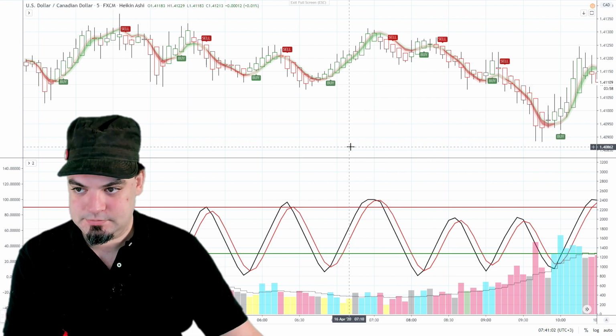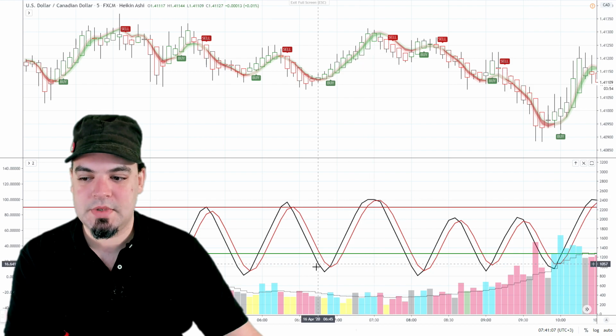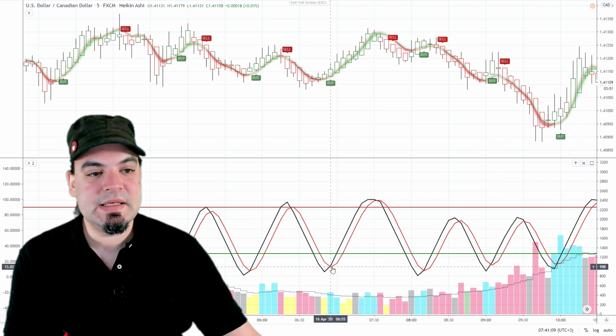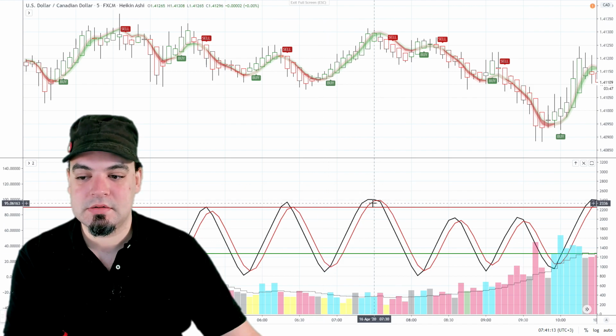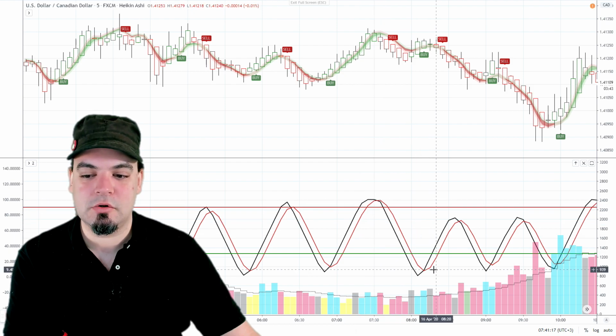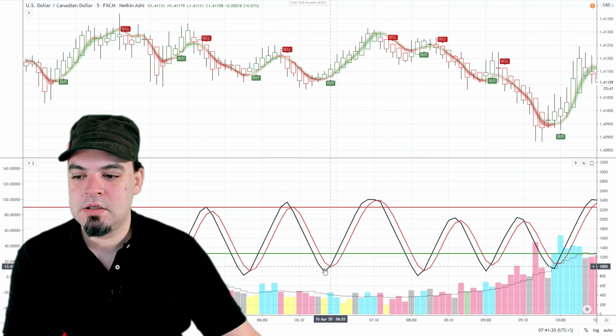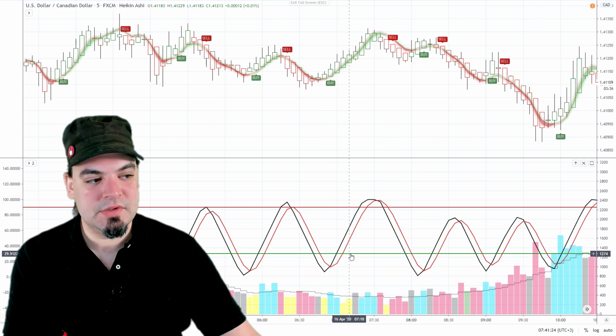So this is a cycle indicator, and it makes it easier for you to determine market highs and market lows, which means that you're overbought or oversold, okay? So that's why the area here is red and the area here is green.